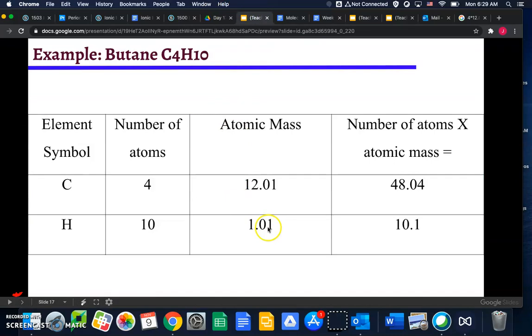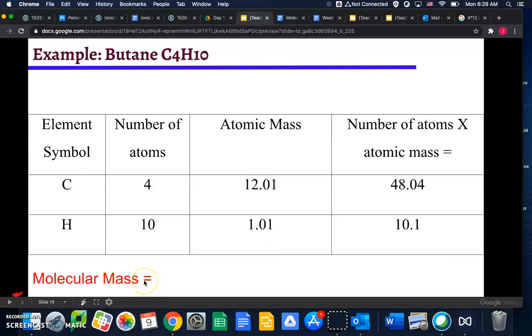So 1.01, and then when we multiply those two together, we get 10.1. And again, use a calculator for this. Don't do it in your head. I'm sure some of you probably can do this in your head, but make sure that you're using a calculator. It's just a good habit to get into.